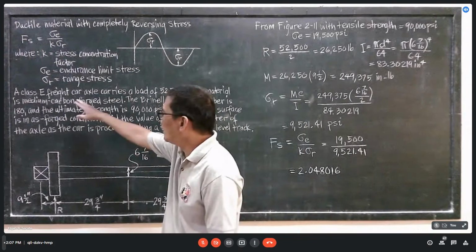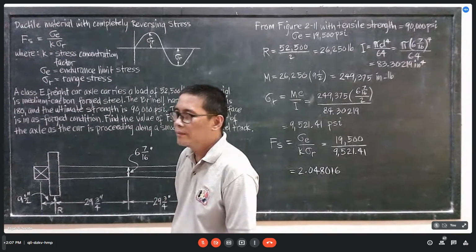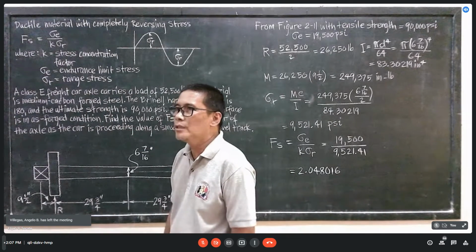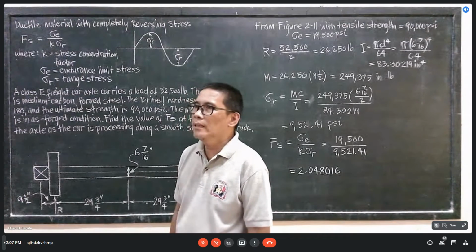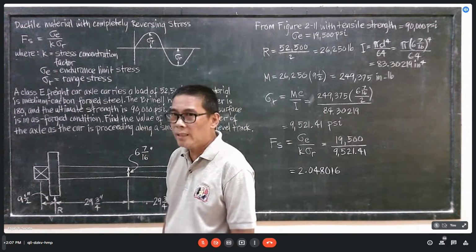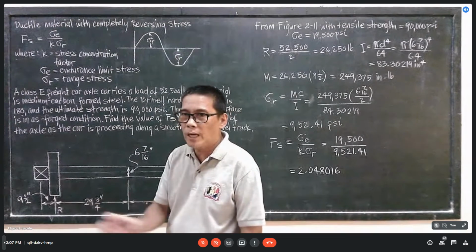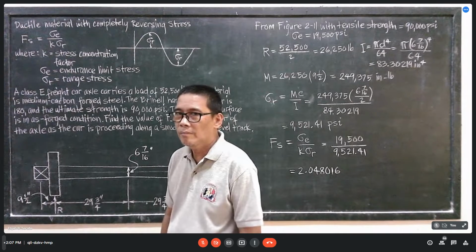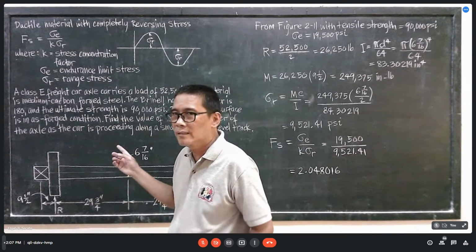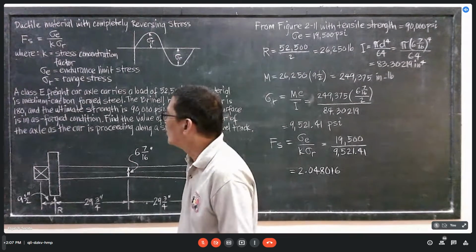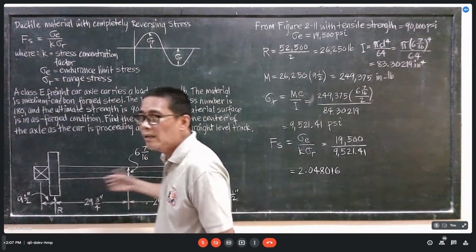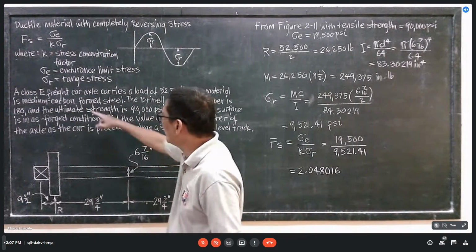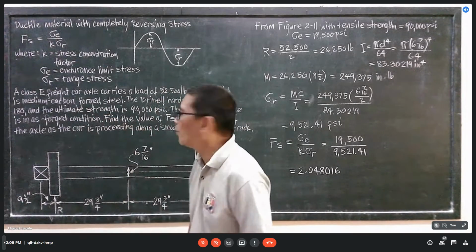It is similar to what you see in the sugarcane, kanang runs on rails. It is like a train. So the wheels here are steel. And of course, your axle, according to the material, is medium carbon forged steel.